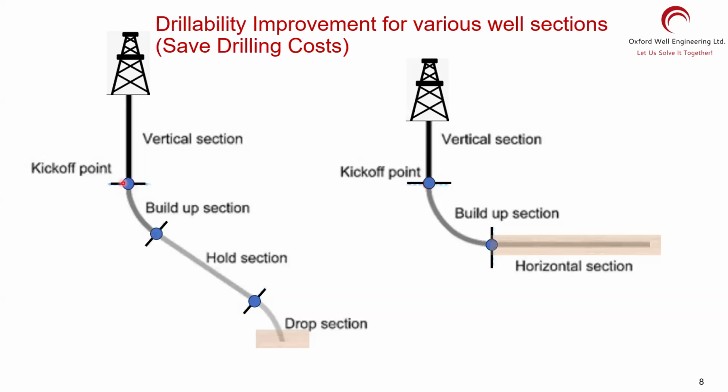And all these things need to work together. The drop section, if you happen to have one, is a big thing for big tools like the 9.5-inch tool. They have technical limits. If you want to drop 2 degrees, 3 degrees, some of them cannot drop it. If you try to drop them, you can break the connection.